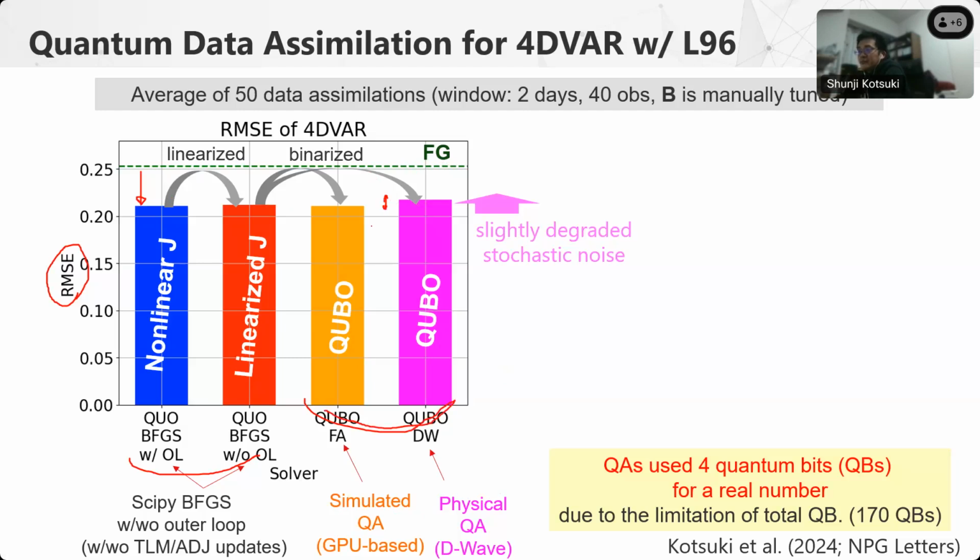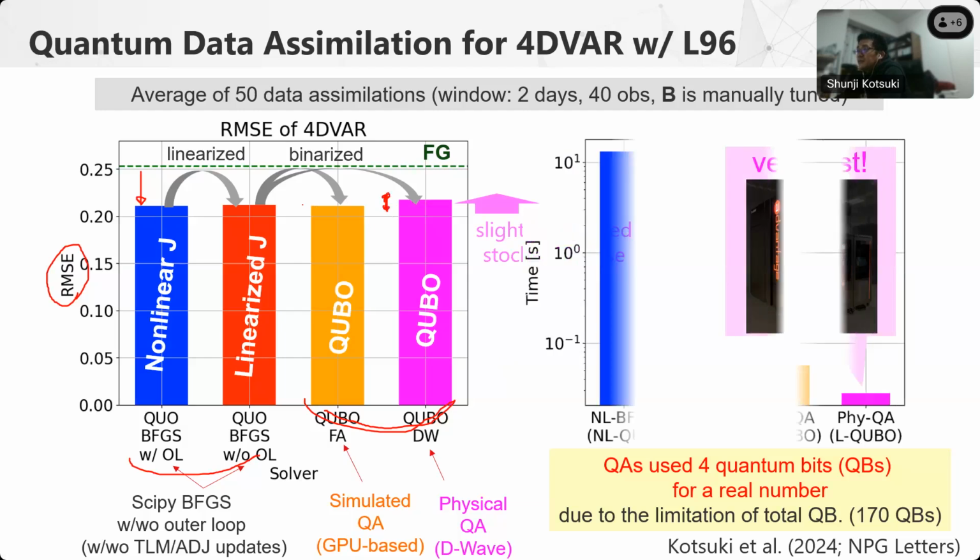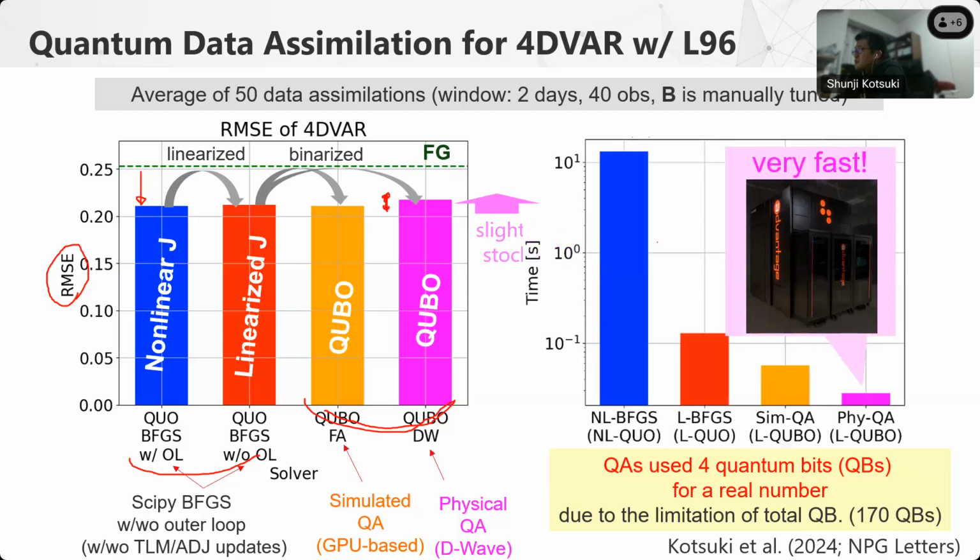If we look at the root mean square error, the quantum annealer produces a slightly degraded analysis compared to the conventional method or the simulated quantum annealer. But if we see the computation time, we could reduce it drastically.